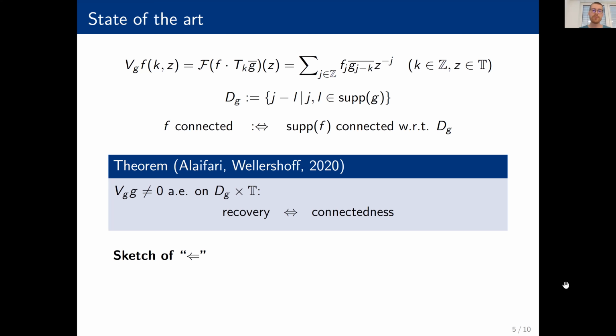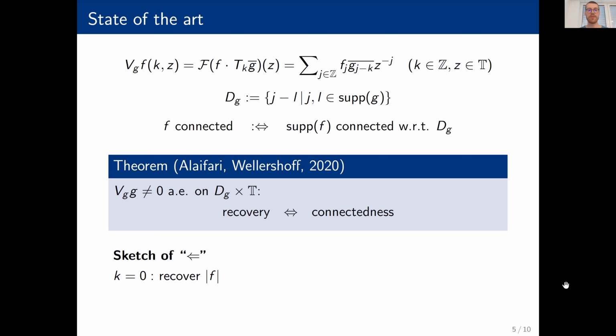And in order to start, we can observe that there's one shift which is, at least if the window is non-zero, which we are going to assume, always in DG, and this is the shift 0, because if there's one entry in the support of G, then the distance of this entry with itself is just 0. So what we have access to is basically VFF with shift parameter 0.